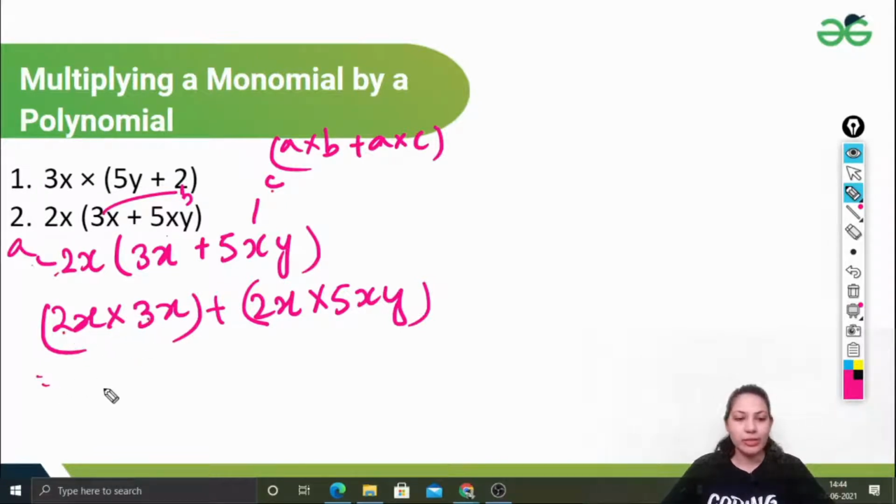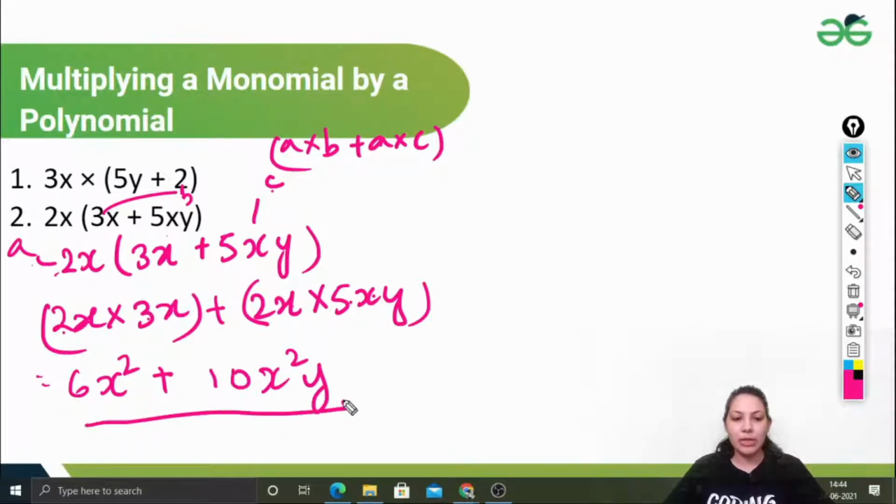So 2 3s are 6, individually coefficient को multiply करना है, then x into x is x square plus 2 into 5 is 10, x into x is x square, again nothing is left here, y is left here, y. So this will be the answer of this question.